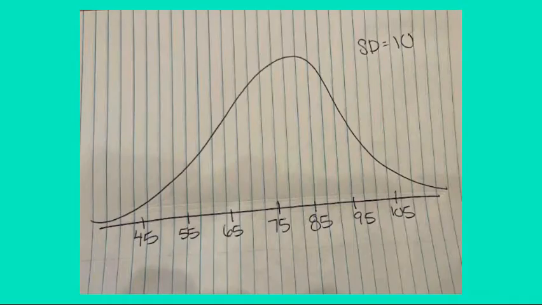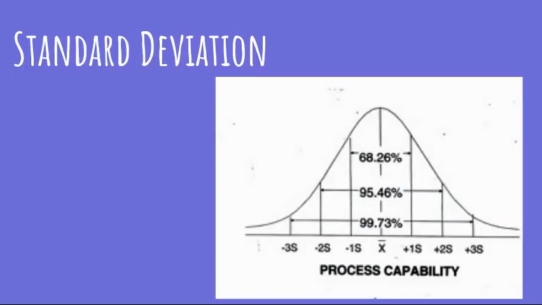Then I want to ask myself, what data can I glean from this bell curve? So there are certain things we know about bell curves. There are certain things we know about standard deviation. One of those things that we know is that if you look 1 standard deviation below and 1 standard deviation above the mean, 68% of my data points fall within that area. 95% of my data fall between 2 standard deviations below and 2 standard deviations above.